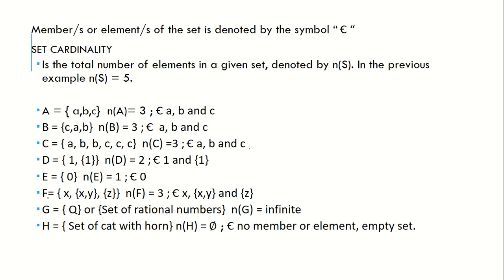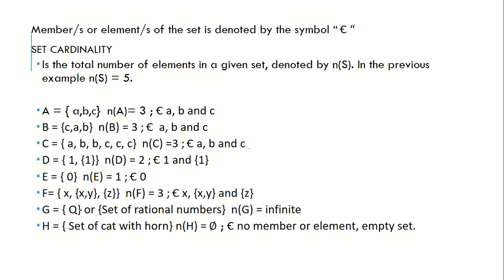F is equal to the set of x, the set {x, y}, and the set {z}. So the cardinal number of set F is 3, where the elements are x, the set {x, y}, and the set {z}. I repeat, the elements of set F are x, set {x, y}, and set {z}.